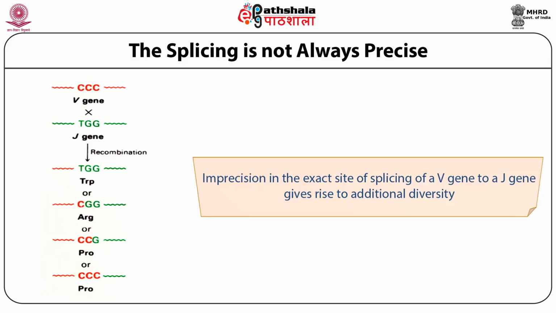Another possibility is that the recombination may result in creation of a CCG codon at the site of recombination, which will lead to the coding for proline. We can also get, of course, CCC remaining with no contribution coming from the J gene, but in that case also this codes for proline again.